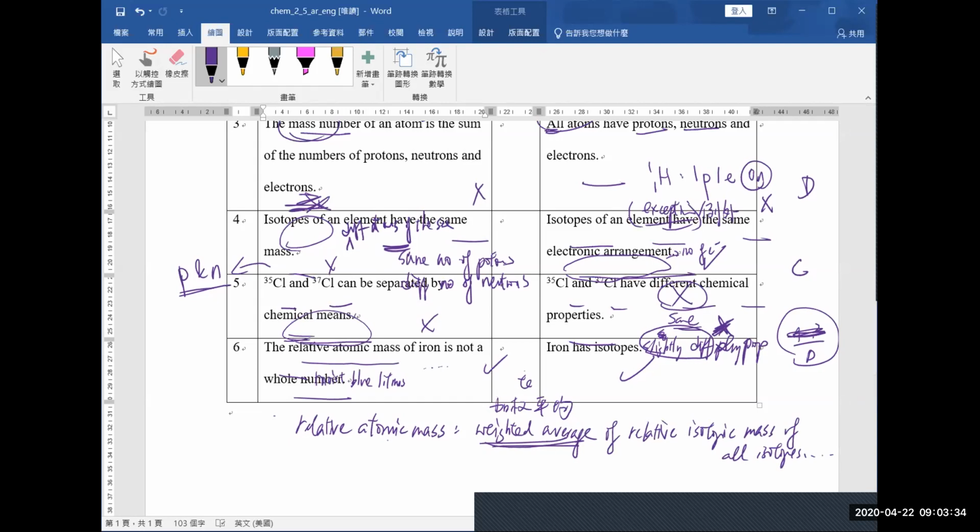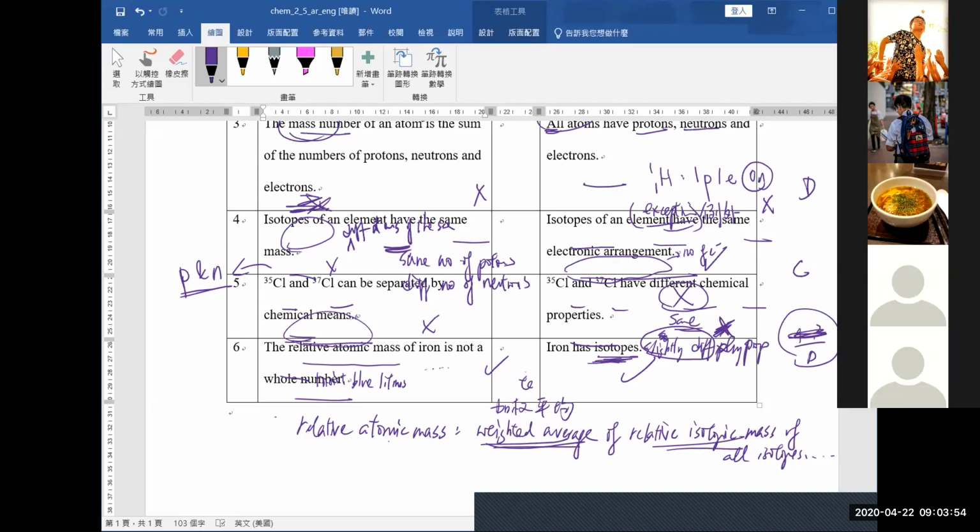So that's why when you calculate this 55.8, you have to take out how many isotopes there are, and then you get to know the relative abundance, and you do the weighted average. So that's why statement 2, we have the isotopes with their own relative abundance. So the answer is A, right? This one is correct.